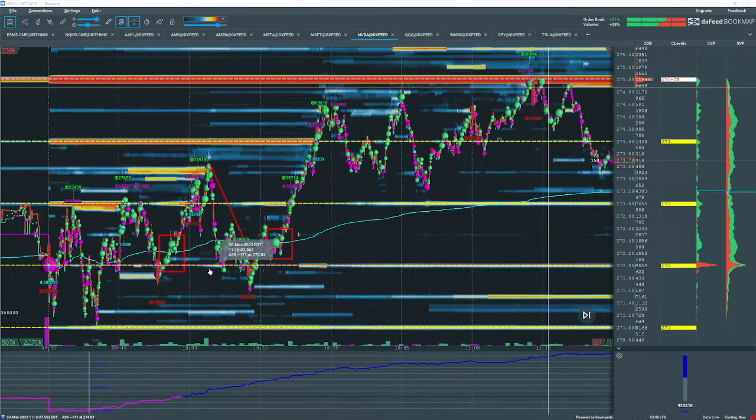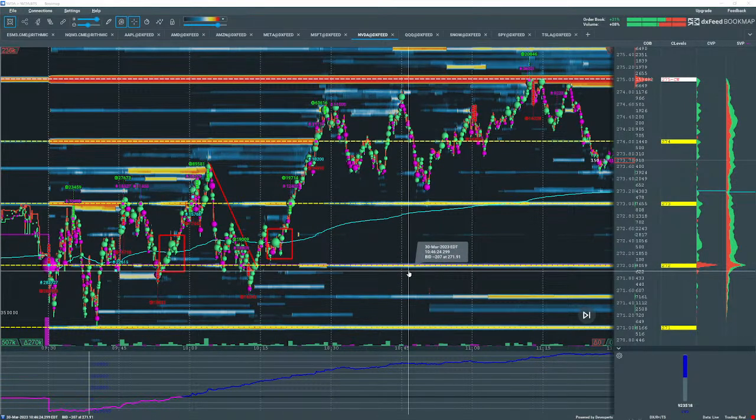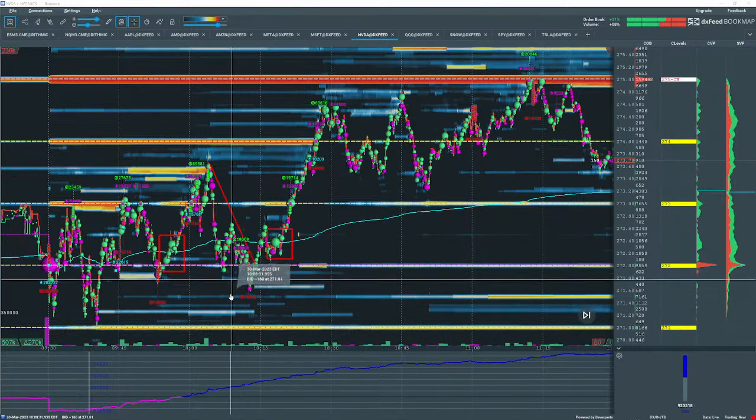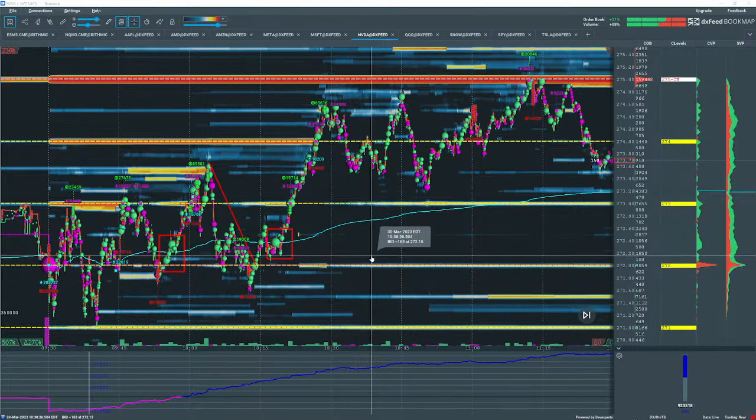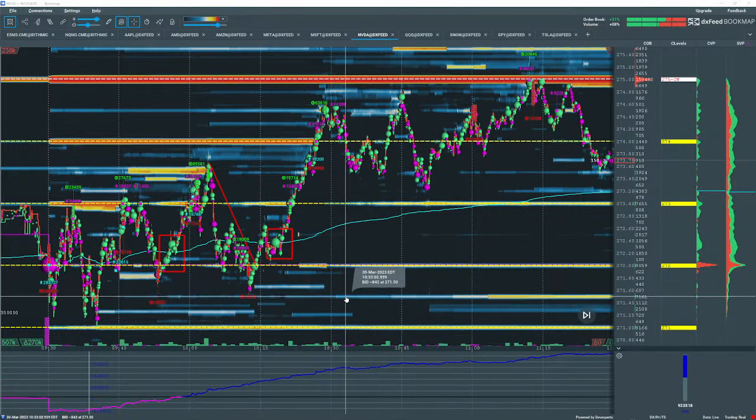And instead of sitting here watching all this chop and trying to find the correct entry point, you could either buy the call or just have a wide stop and forget about it and move on. Look for the next setup. Either way, that's what worked today for Nvidia.